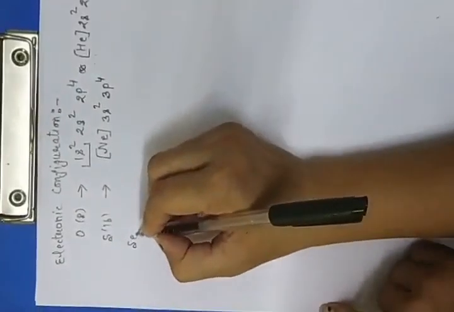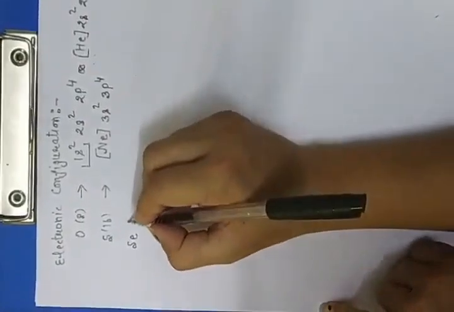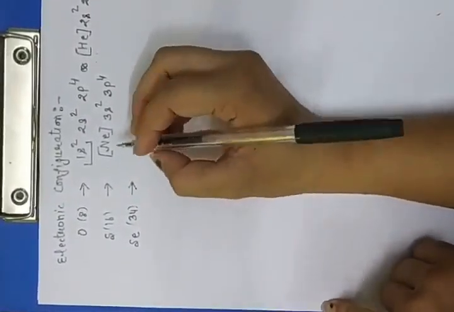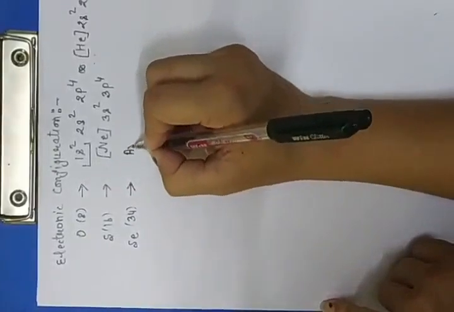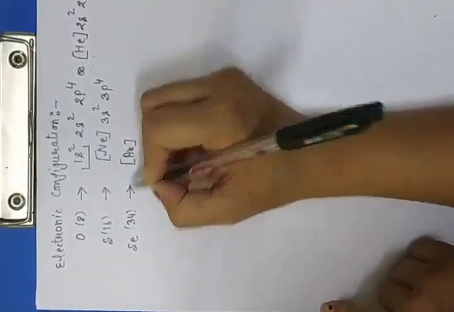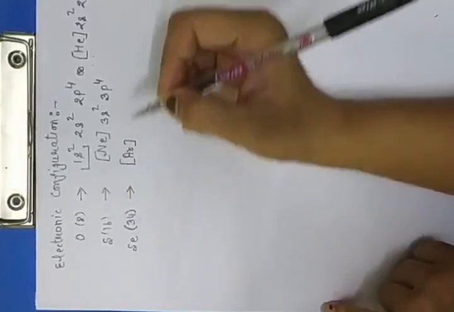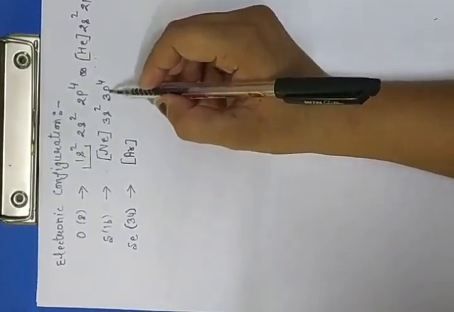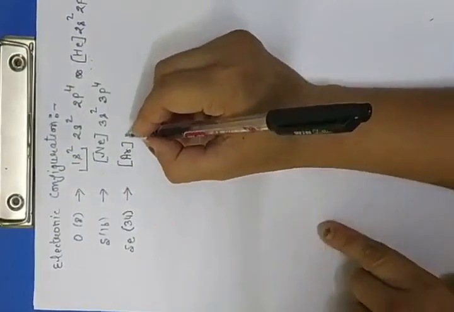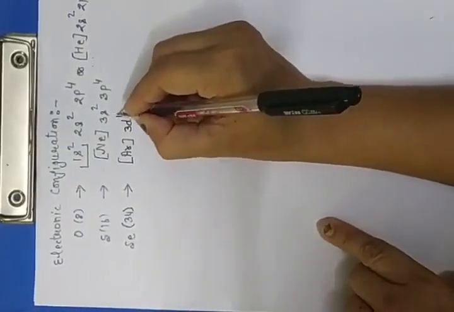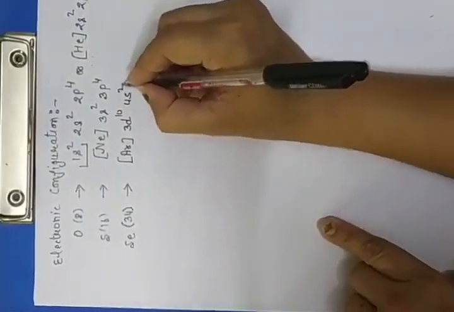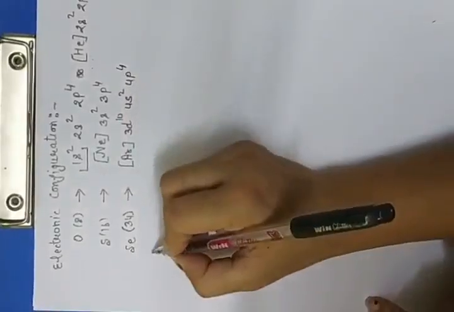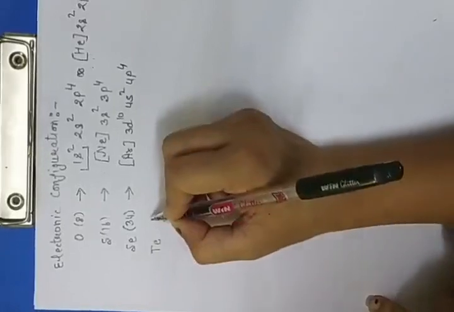Similarly, selenium with atomic number 34 is written as argon, which covers 18 electrons, and the rest, as the 3rd shell has started, also contains 3d, hence 3d10, 4s2 and 4p4.